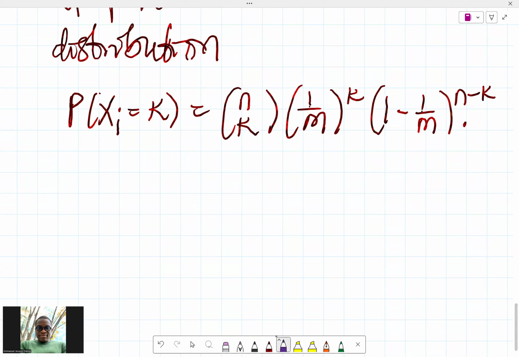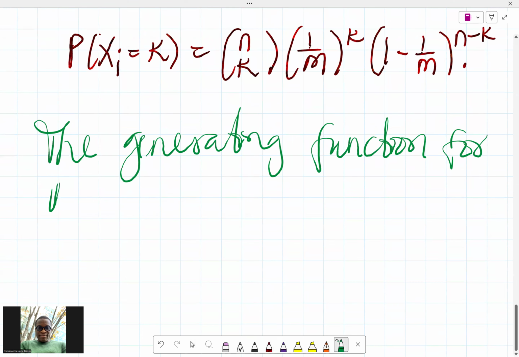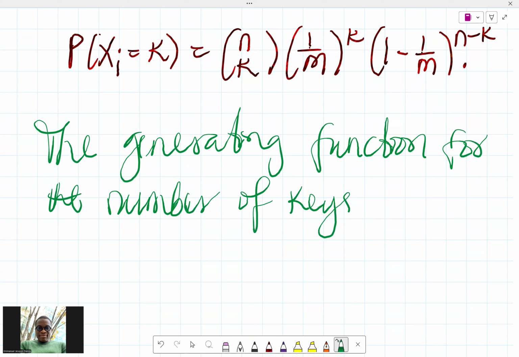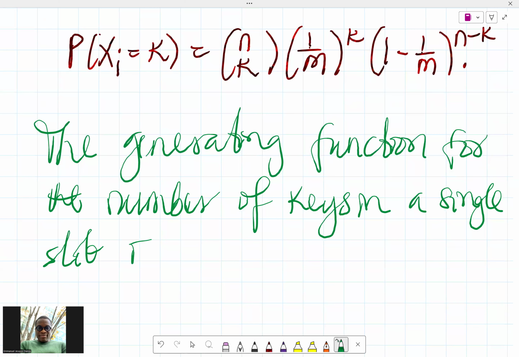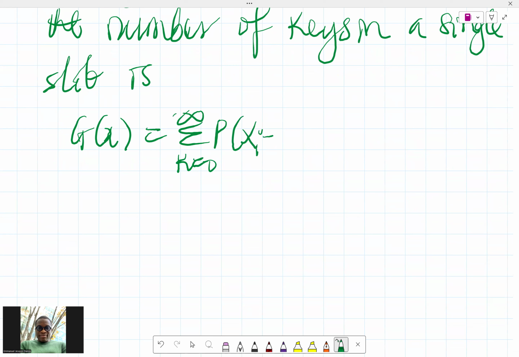We can then say that the generating function for the number of keys in a single slot is G of x equals the summation from k equals 0 to infinity of the probability that xi equals k, times x raised to power k.